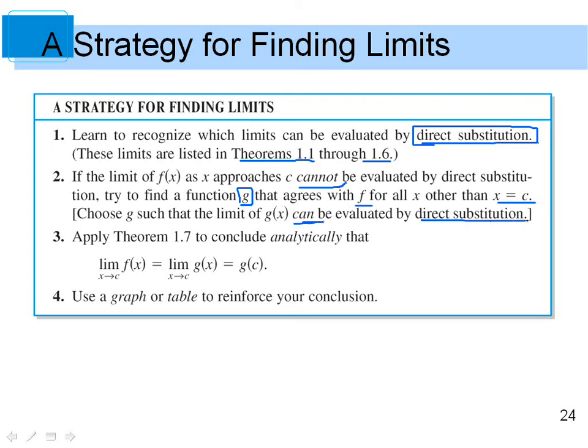So we're looking to rewrite it so that we can analytically just evaluate it. And then we apply that theorem that we just showed to conclude that the limit of f of x as x approaches c, we rewrite the function to get a new g of x, and it actually ends up being g of c. And oftentimes it's helpful to use a graph or a table to reinforce what you just saw, as we did in that last picture.